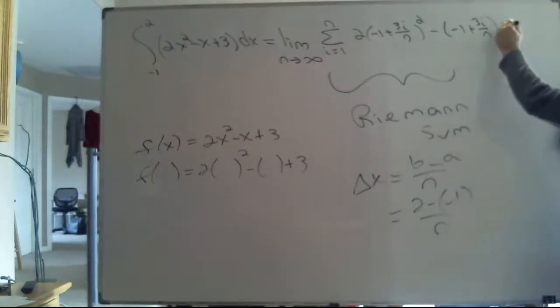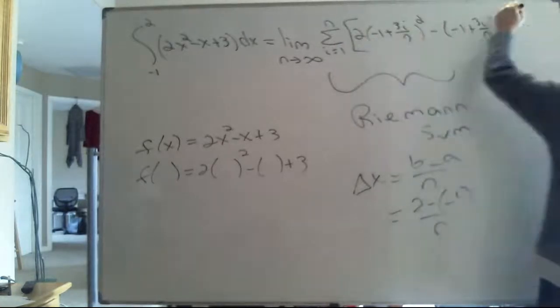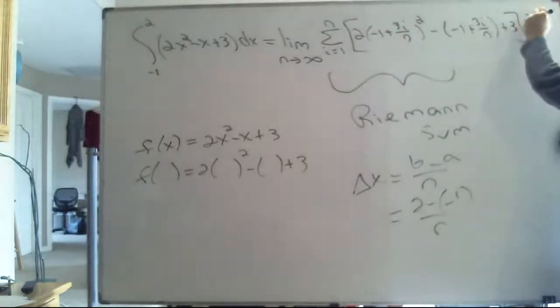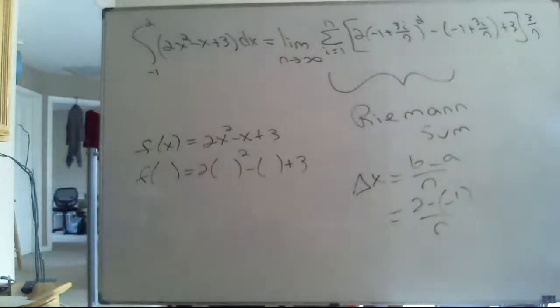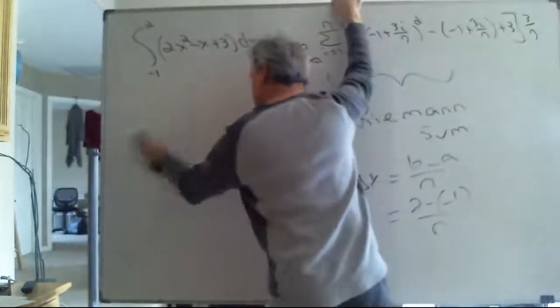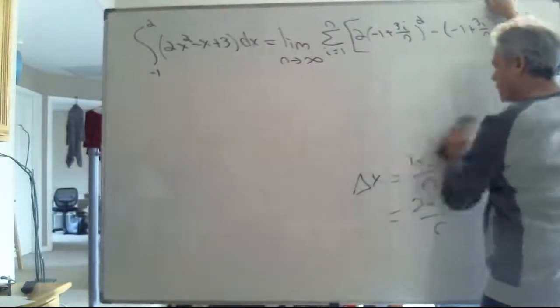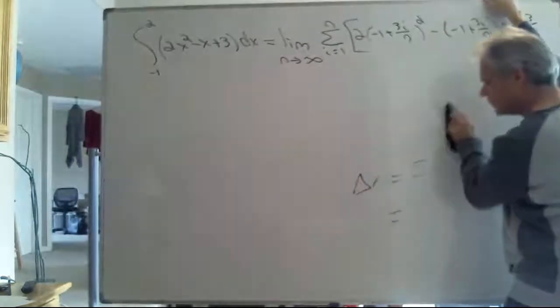Plus my 3. And all of that is being multiplied by my delta x. And I think at this stage of the game, prior to evaluating the limit, it's simply a game of 9th grade algebra. So allow me.